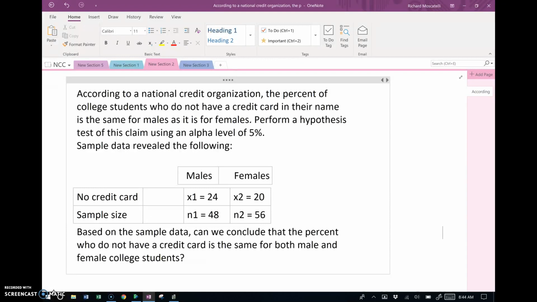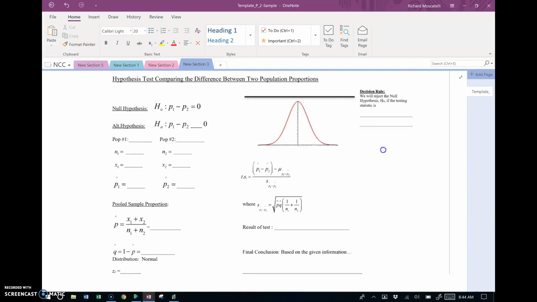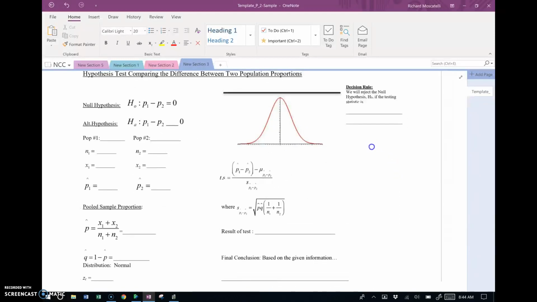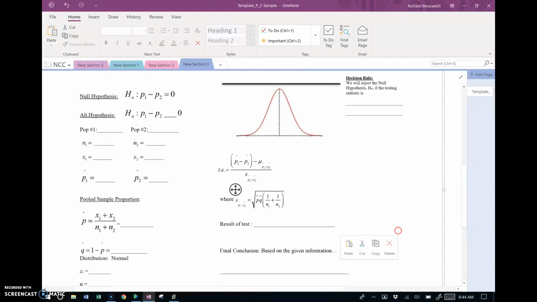So what I've done is placed a copy of the template for the difference between proportions in here. You've seen this template, I'm sure. It's in our templates folder in MyMathLab. A lot of information going on here.